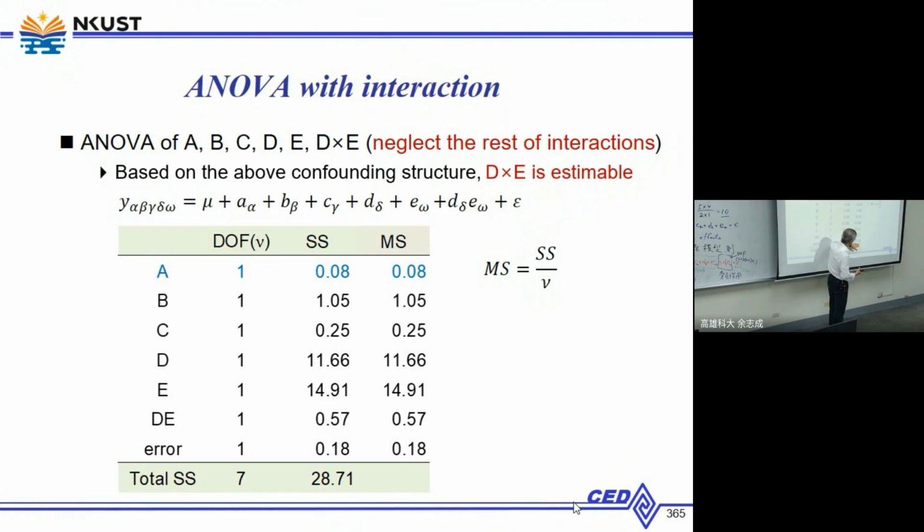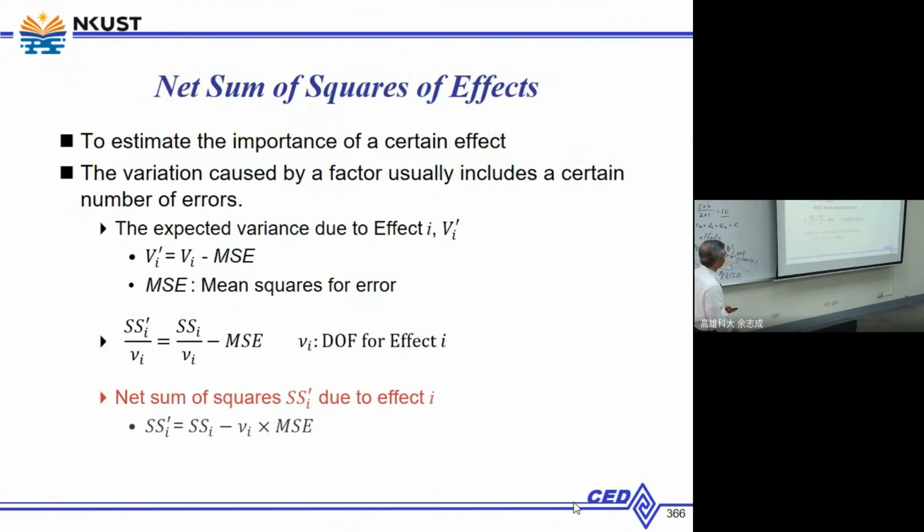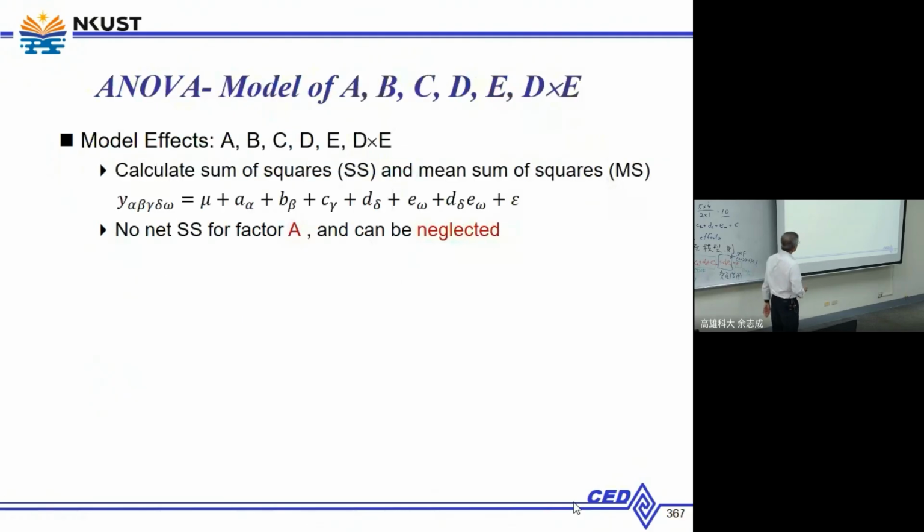The error for each 1 degree of freedom will be 0.18. This is the mean sum of square. Then 0.008 minus 1 multiplied by that will be the net sum of square. Okay? So basically, this is the equation we are going to use to calculate the net sum of square.